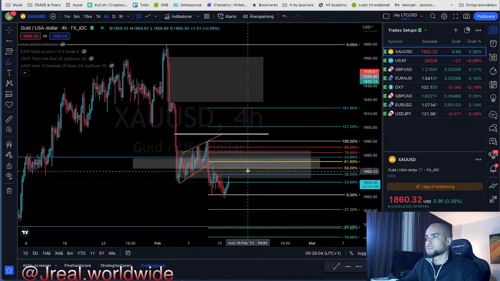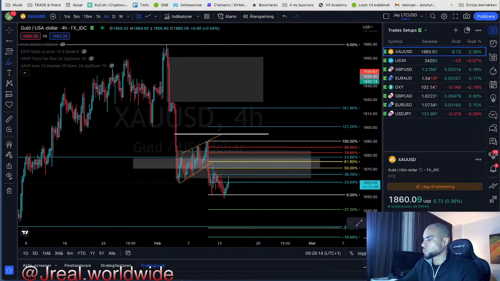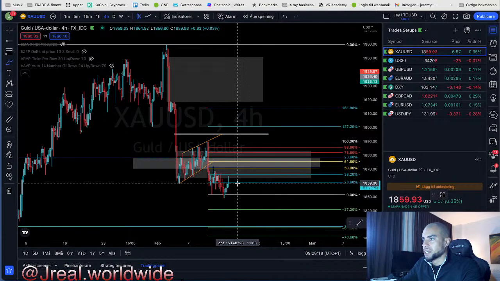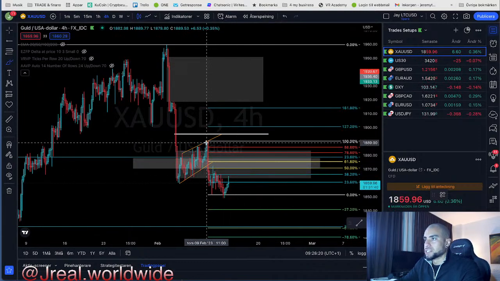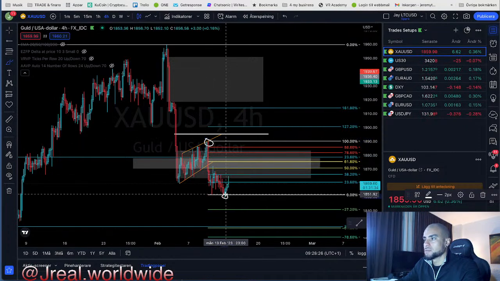All right, so looking at it quickly, what we see is we have Fibonacci pulled from this top to this bottom.